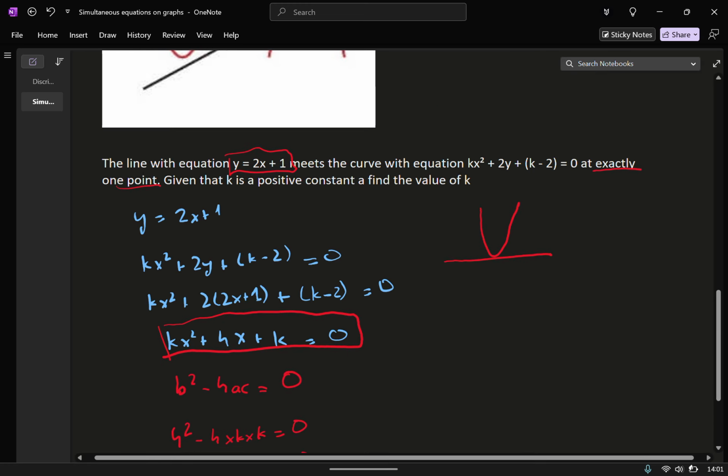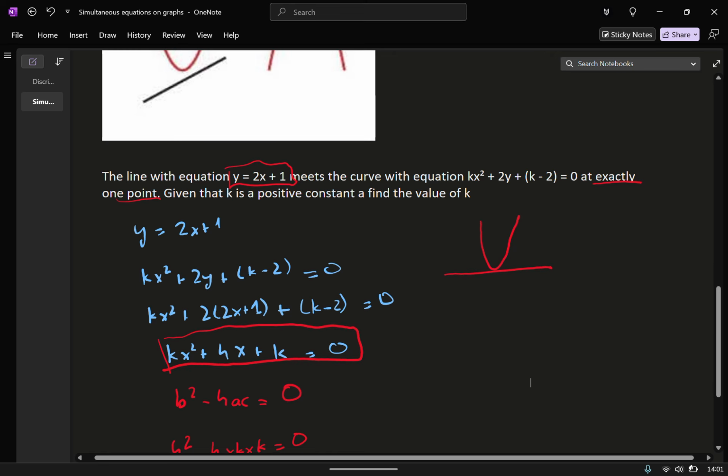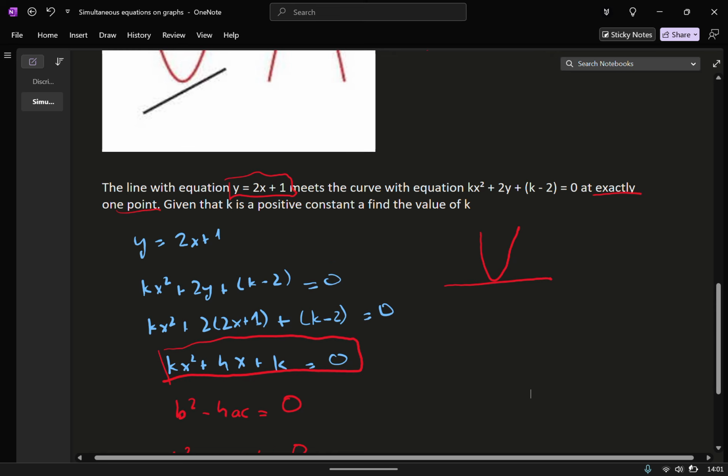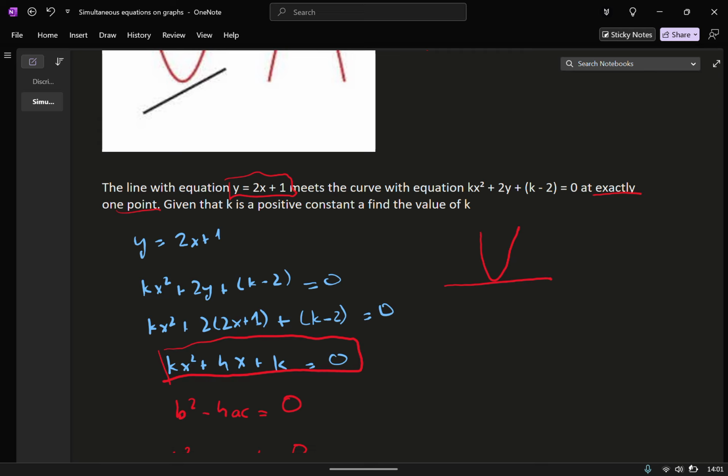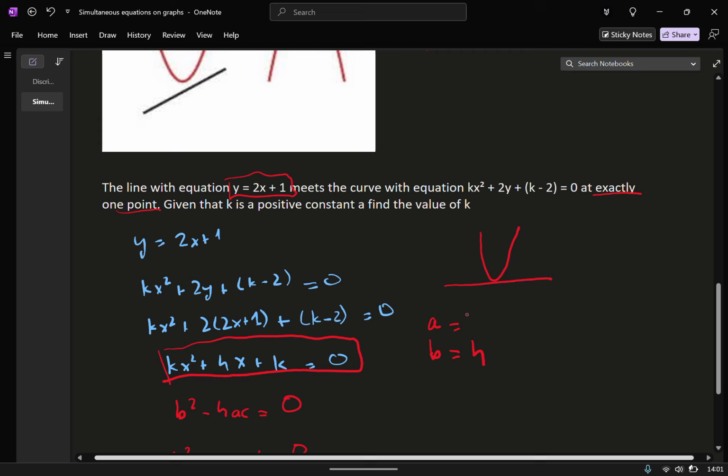So what is the discriminant? It's b squared minus 4ac, right? And there is one intersection. So we're going to take this quadratic equation and use the discriminant and set it equal to 0. Now let's write the quadratic values. b equals 4, a equals k because that's the coefficient of x squared, and c equals k, right?